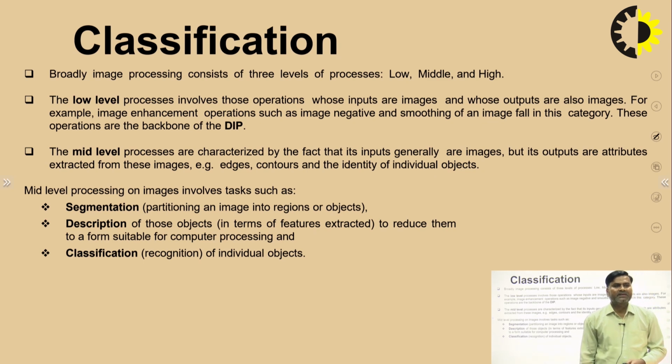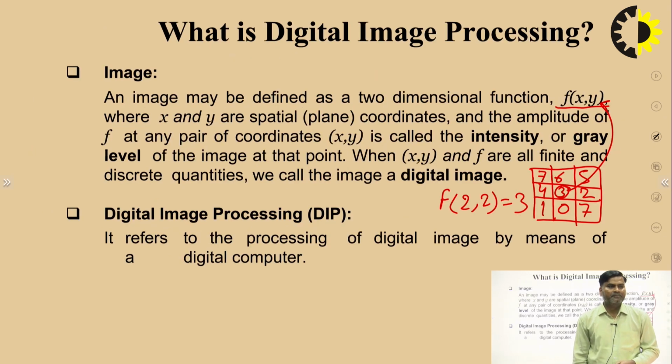In segmentation, we partition an image into regions or objects. In description, we extract features from the image. In classification, we recognize a particular object through a classification or recognition algorithm.